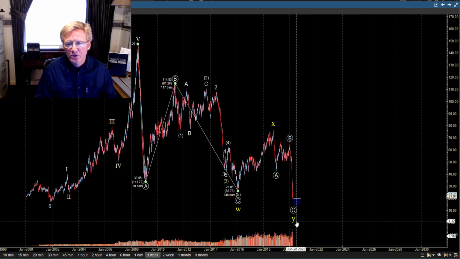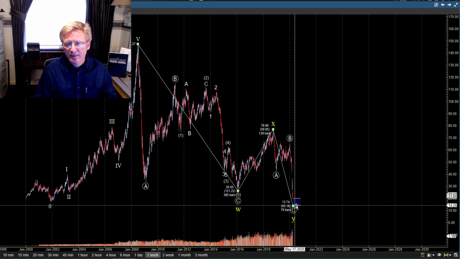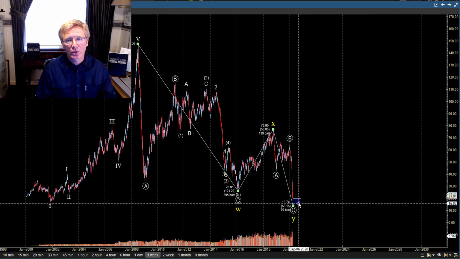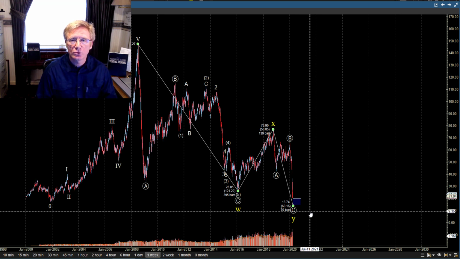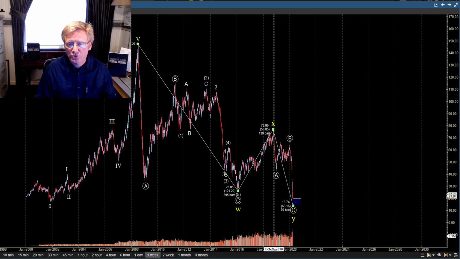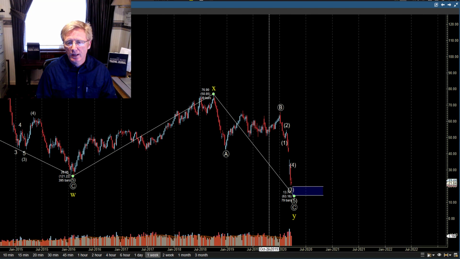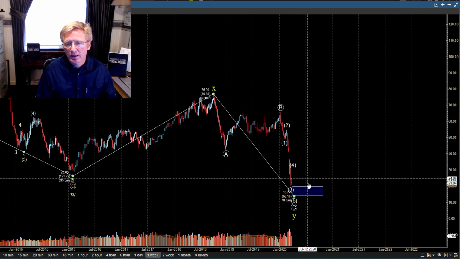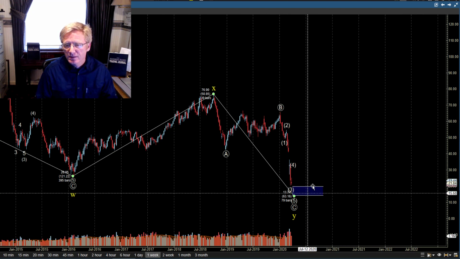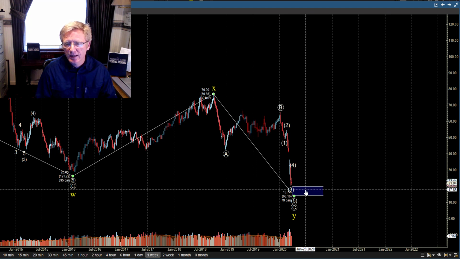Well, I don't know. So this is what I'm looking for. I think that, at least temporarily, this bear market is going to be over soon. So I'm planning likewise. So this is my first area of support that I'm looking at.